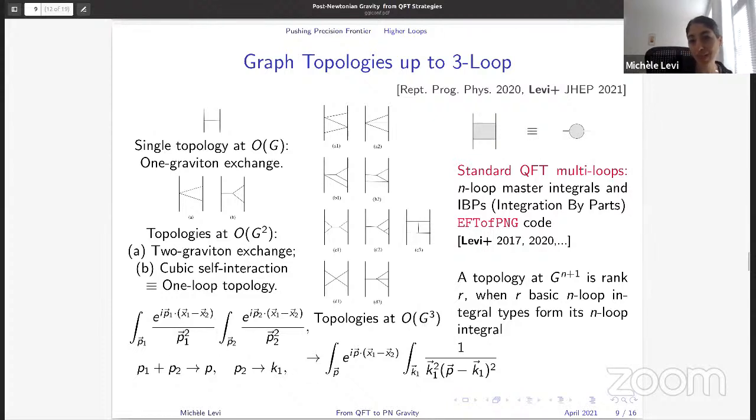So that's the meaning of this analogy depicted in this picture: we can move from the worldline picture and use this 2-point quantum picture in order to tackle the graphs. That's a useful perspective practically, because if we encounter difficult integrals, we can look them up in a QFT multi-loop textbook, look for n-loop master integrals, and apply IBP, integration by parts techniques that are known very well from multi-loop QFT.